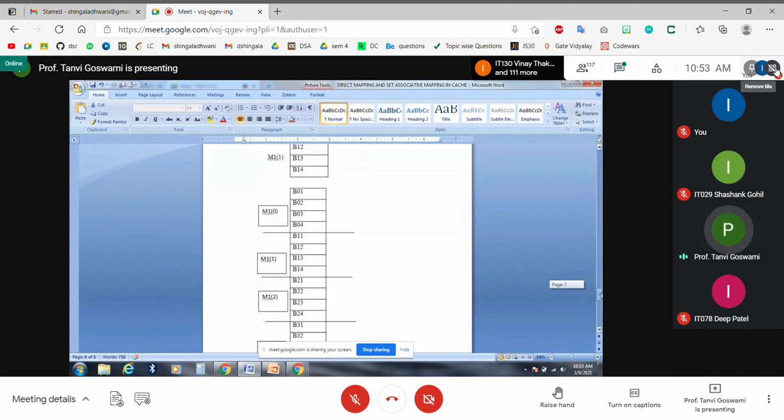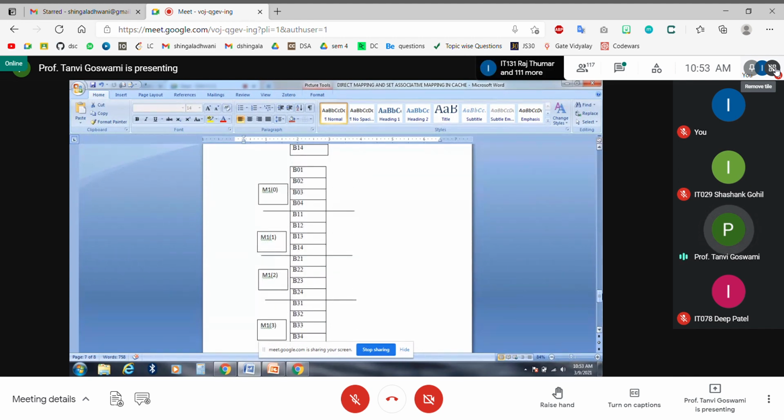In that case, the cache memory is divided into four parts, M10, M11, M12, and M13, and each set has four blocks.